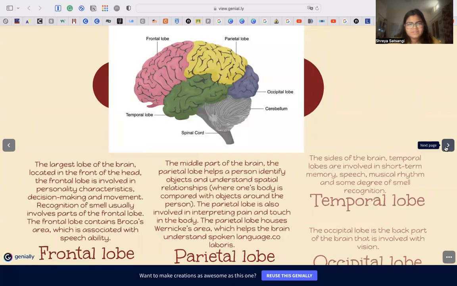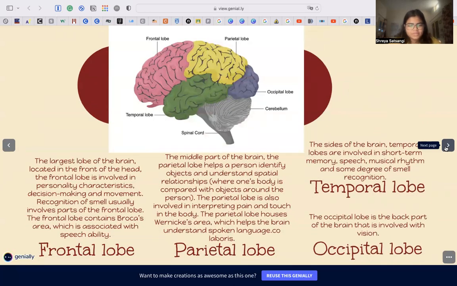Now, just as an intro, the brain has four lobes: frontal, parietal, temporal, and occipital. They have different work. The frontal lobe is for personality characteristics, decision making, movement, and things like that.